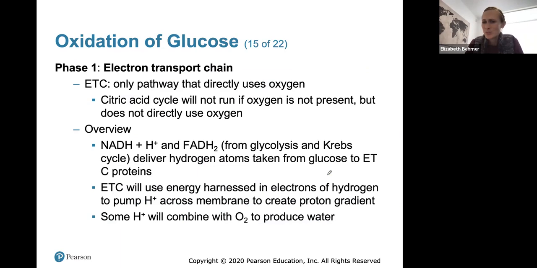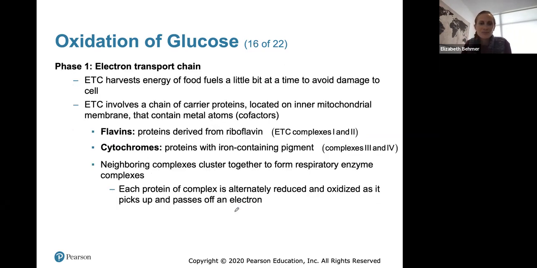So the electron transport chain is the only pathway that directly uses oxygen. And here's an overview. Basically, the electron transport chain uses energy from those electrons and hydrogen to pump hydrogen across the membrane, and excess hydrogen and electrons will combine with oxygen to produce water. So oxygen is called our final electron acceptor because it gets rid of excess hydrogen and electrons.